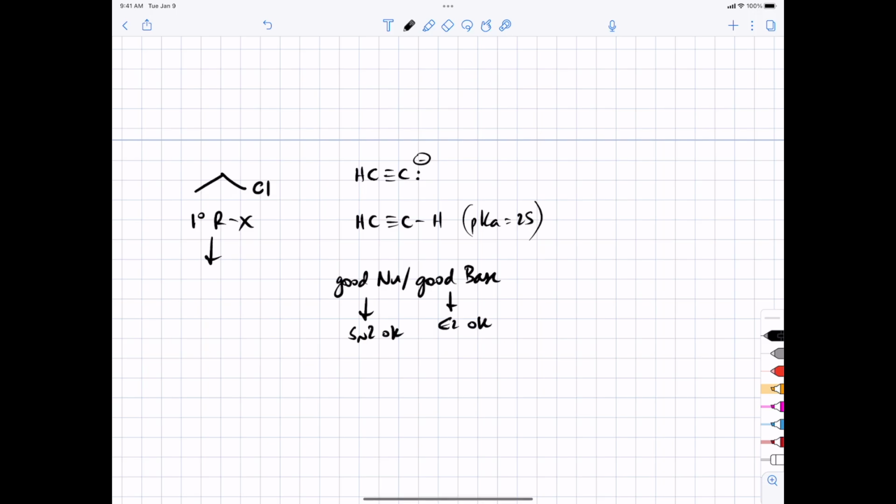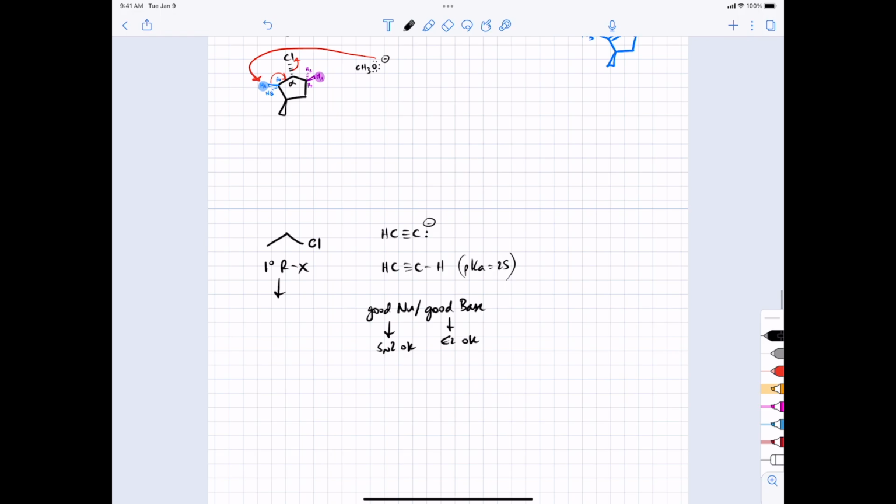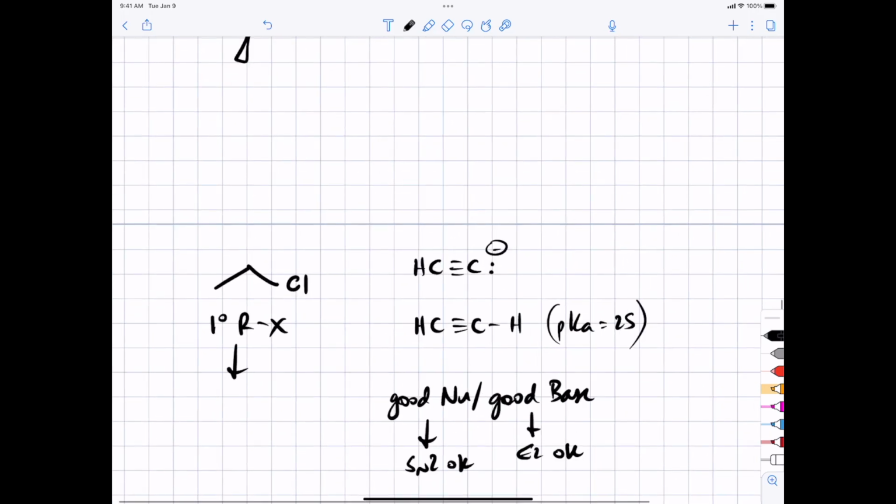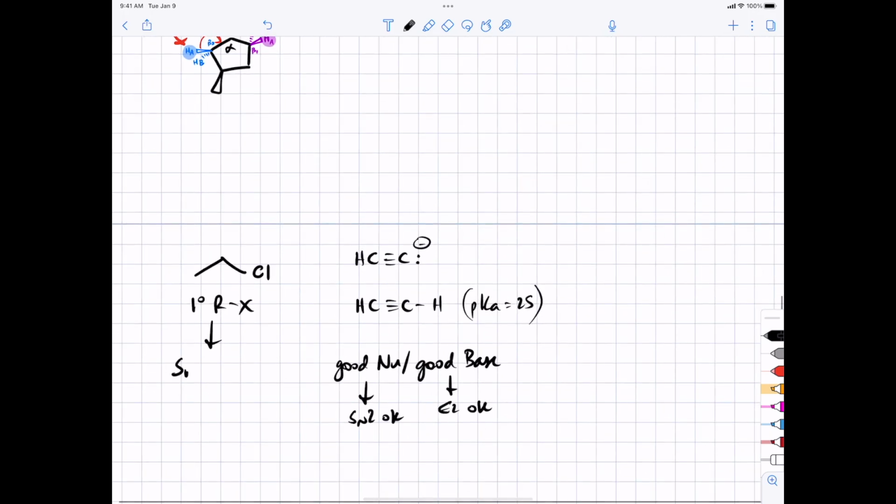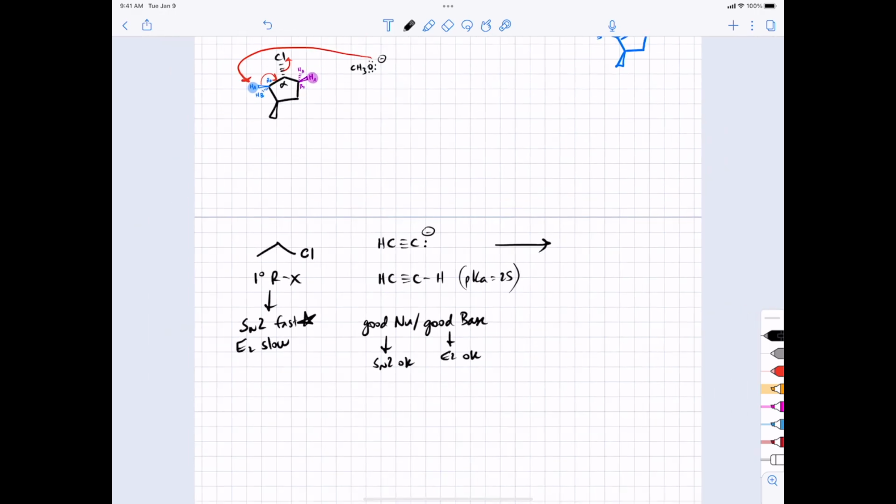But for the primary alkyl halide, what do we remember? We remember that SN2 is fast because of minimal steric hindrance, whereas E2 is slow because of fewer number of beta protons and because the alkene that would form is not that substituted. So we would say that SN2 is fast, E2 is slow, so we would only worry about the SN2 product here.